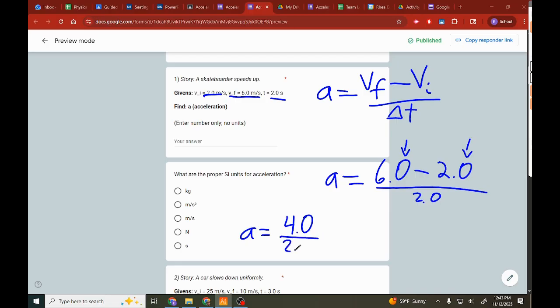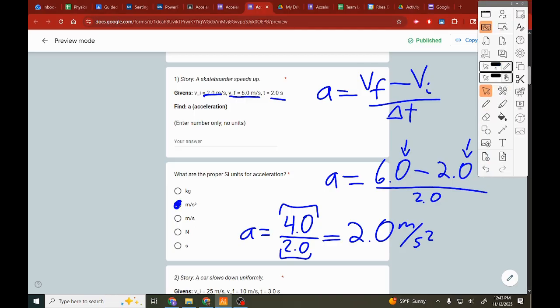And then we'll divide by 2.0, which gives us 2.0. Both of these values had 2 sig figs, so our answer should also have 2 sig figs, as it does. And we'll put the units, meters per second squared. On the next question, I'd put meters per second squared for the units for acceleration. On to the next.